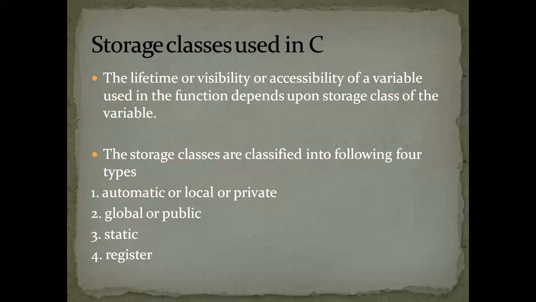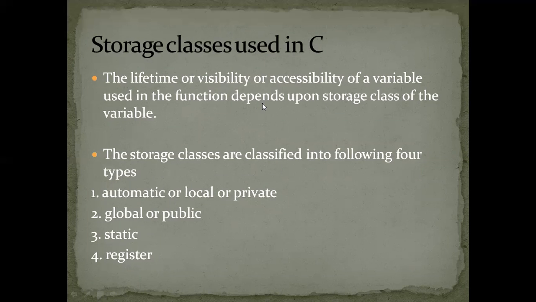What are the storage classes which are used? Okay, that we can see later. Before that, we can see what a storage class is. The lifetime, visibility or accessibility of a variable used in the function depends upon the storage class of the variable.